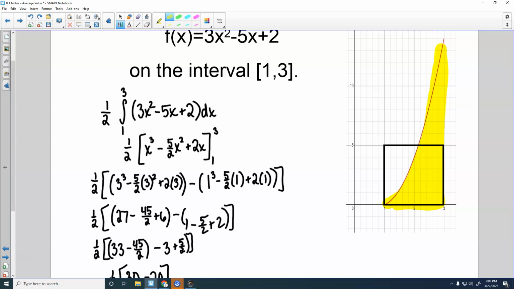And that looks possible. This feels a little bigger than that right there because it's like tall and skinny, but I guess not. Okay, questions on that?